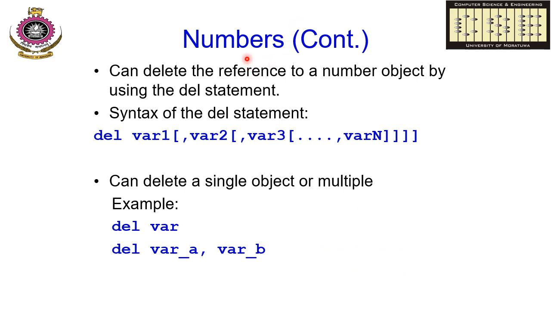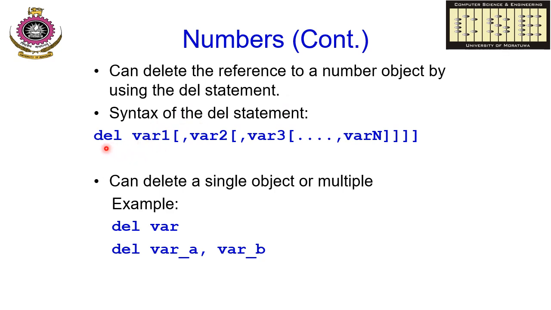We are continuing the discussion about numbers. We can delete the reference to a number object by using the del statement. We have seen the del statement previously to delete items in a list. This can also be used to delete references. How do we use the del statement?